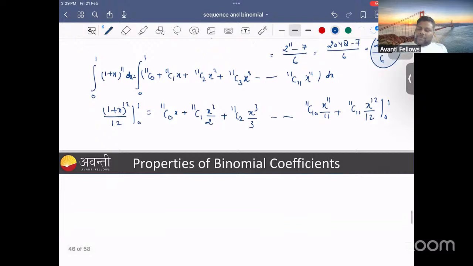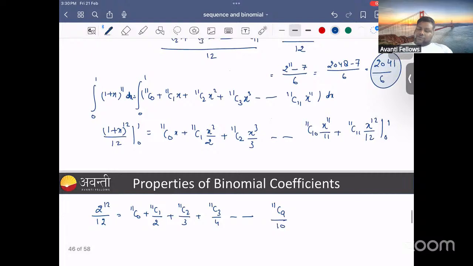Now if you put the upper limit, you get 2 raised to the power 12 by 12 is equal to, here also if I place 1, I will get 11C0 plus 11C1 by 2, 11C2 by 3, 11C3 by 4. There will be a term 11C9 upon 10, which you are trying to find.